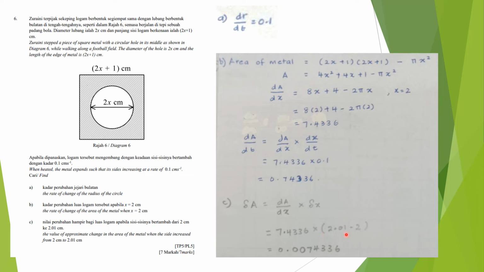Then times the approximate change in the side, 2.01 minus 2, so you get 0.01. So multiply with 7.4336, you get 0.0074336. So this is for question number 6.